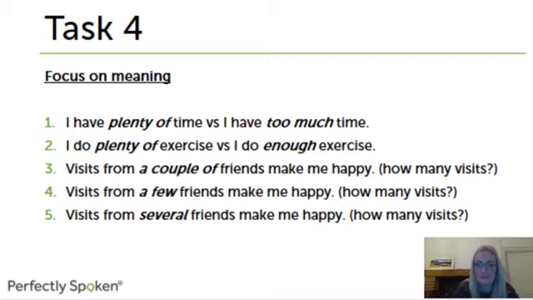Think about it. Maybe you could look it up in a dictionary if you're not sure. If not, the answers come in a moment, of course. Okay, in a similar way, what's the difference in meaning between I do plenty of exercise and I do enough exercise?